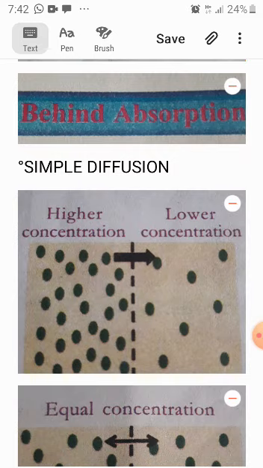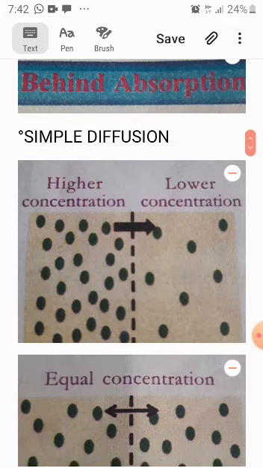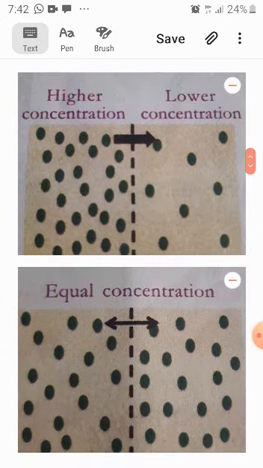What is diffusion? The movement of molecules from a region of higher concentration to a region of lower concentration is called diffusion.